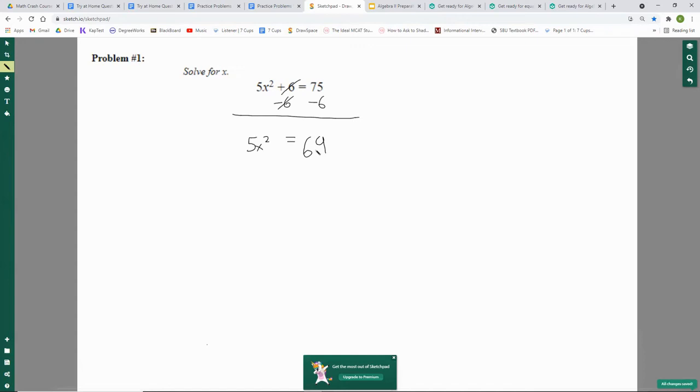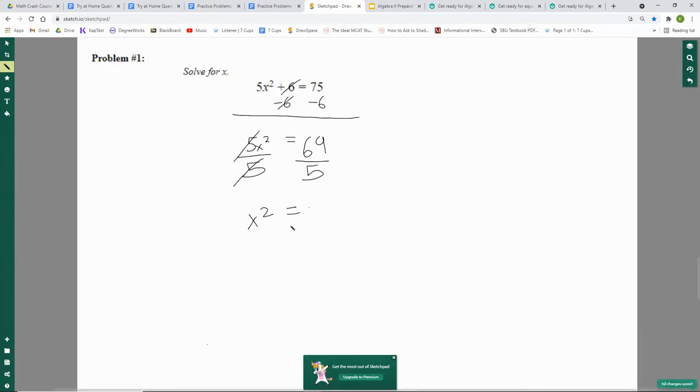So after that, we want to isolate this x squared, so we can bring 5 over. We can divide by 5 from both sides, and then these 5's cancel out. We'll be left with x squared, and we're essentially going to get this fraction.